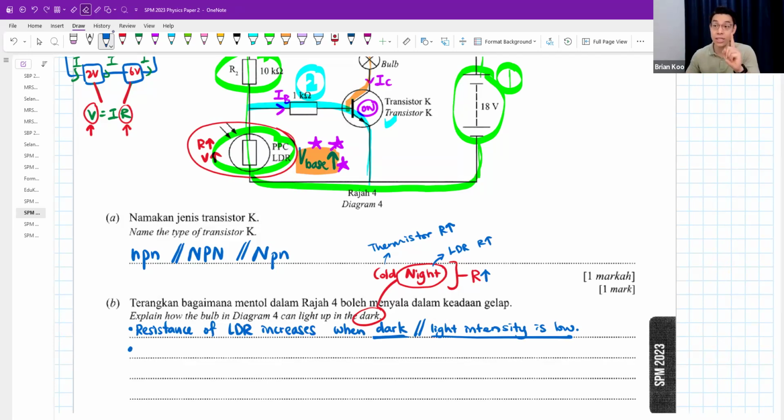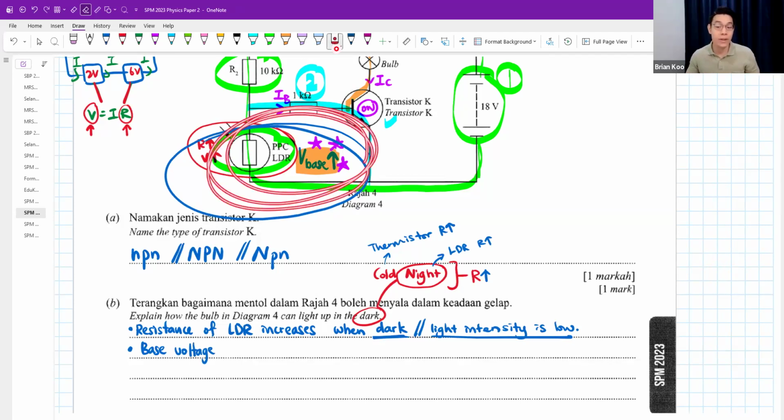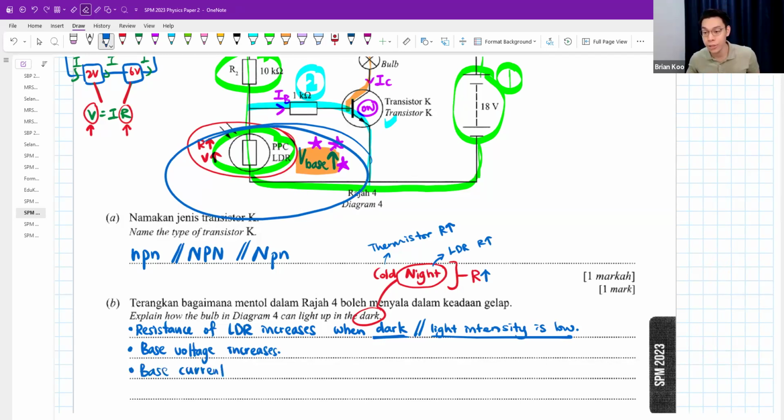Because resistance increases, down here, the base voltage increases. We only call the bottom part base voltage. The one on top is not called base voltage. It depends on the bottom part. This bottom one is base. Okay, base voltage increases. When that happens, base current flows. Transistor turns on.